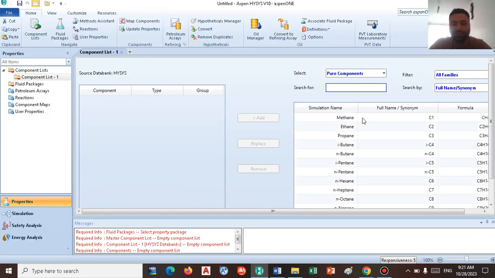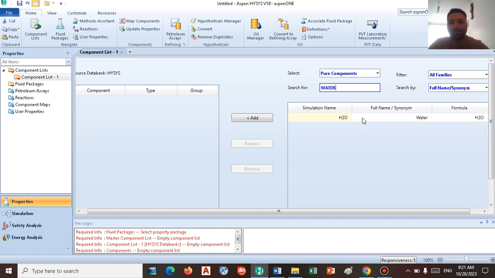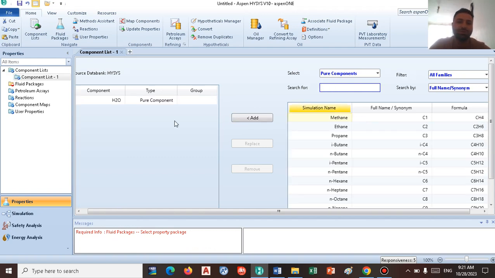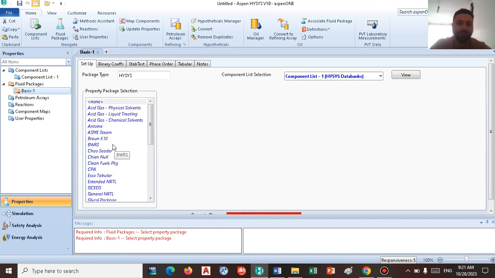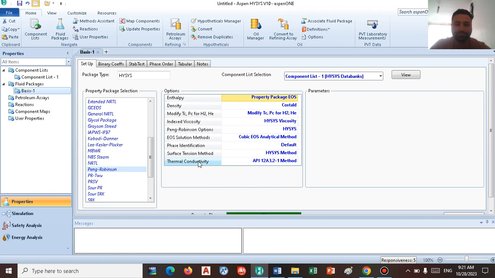I'm going to insert water as a component in HYSYS, go to fluid packages and choose the Peng-Robinson fluid package.